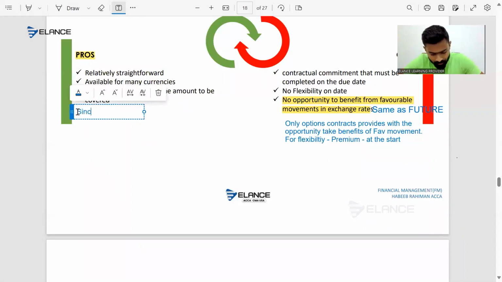Please do type with me. Since forwards are over the counter contracts, is it a standardized size contract or a tailor-made contract? Do comment. Is it standardized or tailor-made?